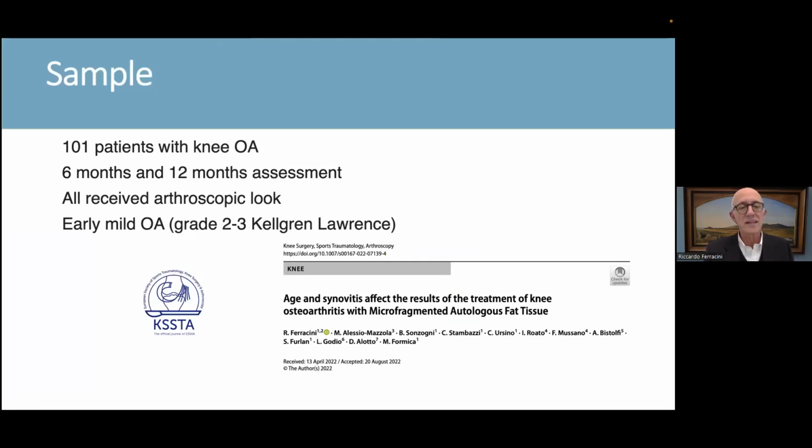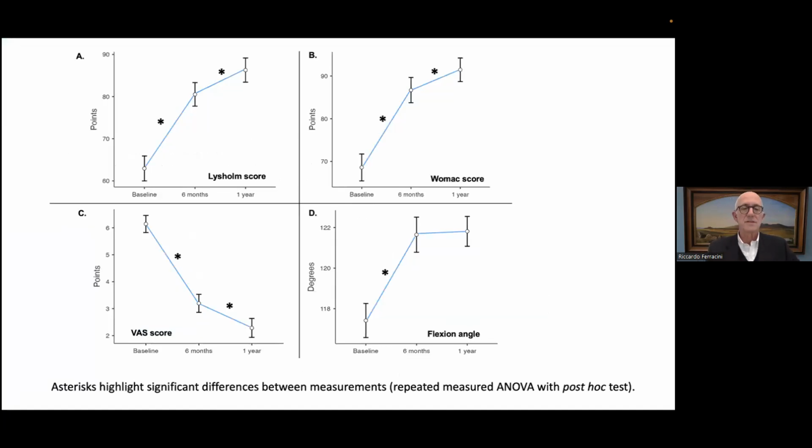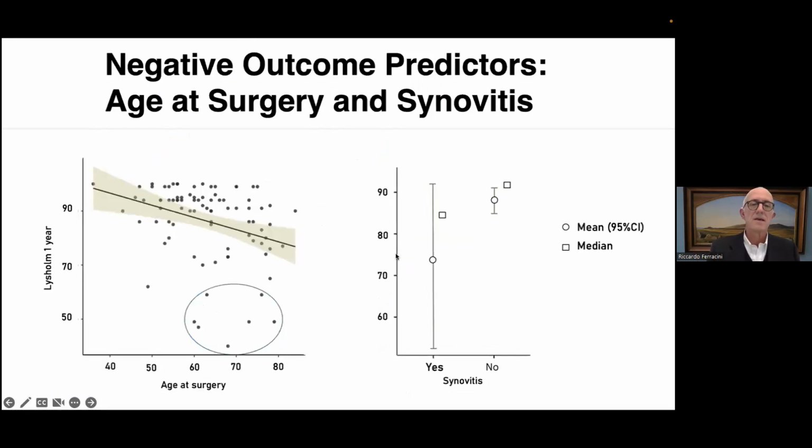They did not do anything but infusion of Lipogems, with 6 month and 12 month assessments. PROMs show that the pain goes down, the performance of the knee goes up, and the motion increases a little bit.